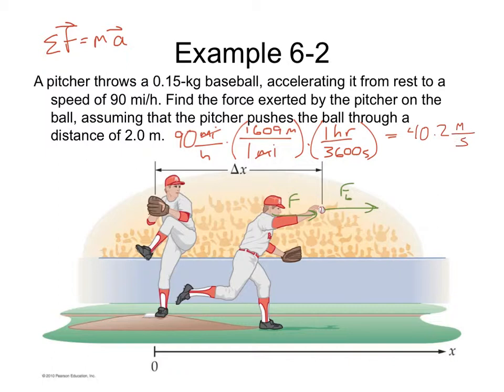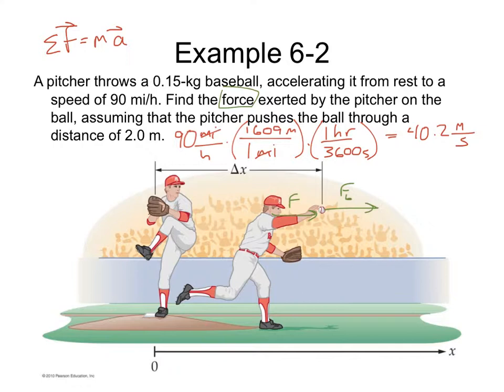Now you might be asking yourself, whoa, wait a second, I thought velocity was kinematics. Yes, but we don't have an acceleration here. Remember, our main equation here is force equals mass times acceleration. It's asking us to find the force that the pitcher applies to the ball, but we're not given an acceleration.